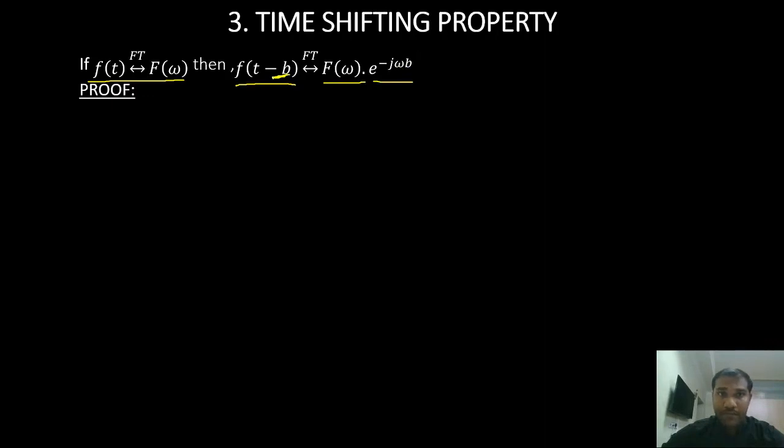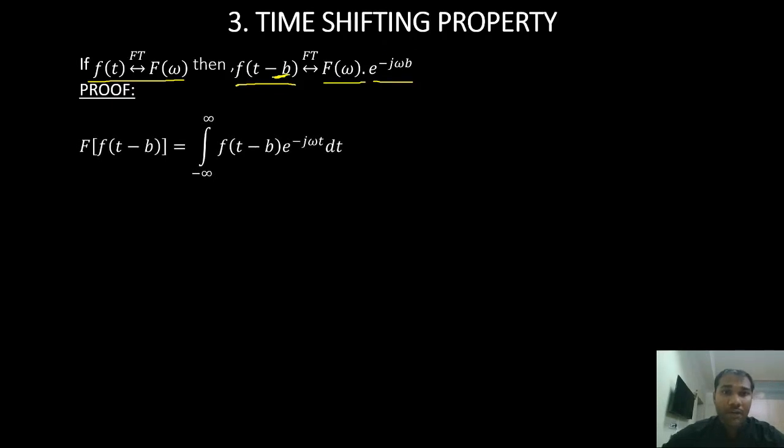If you look at this, there is a time shift in the time domain signal, which results in a phase shift. We are multiplying F(ω) with the e^(-jωb) term. That means there is a phase shift in the frequency domain. The amplitude is going to be the same, but there is a phase shift. We'll prove this property also.